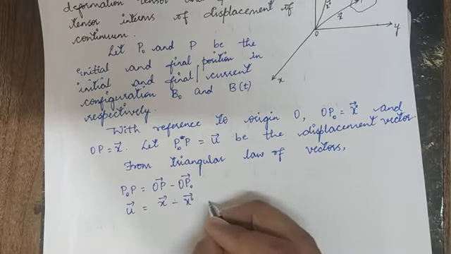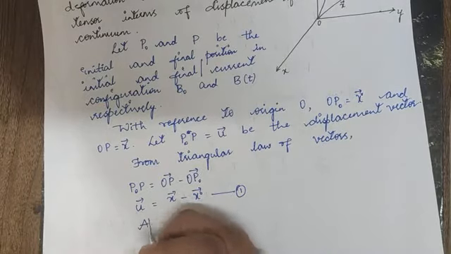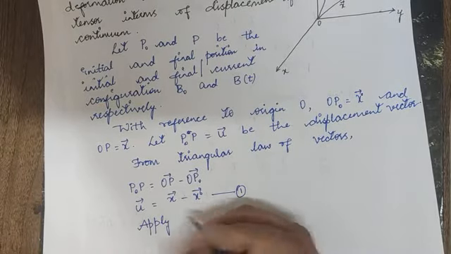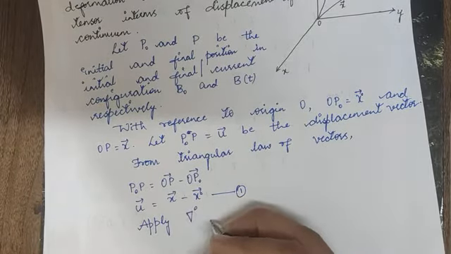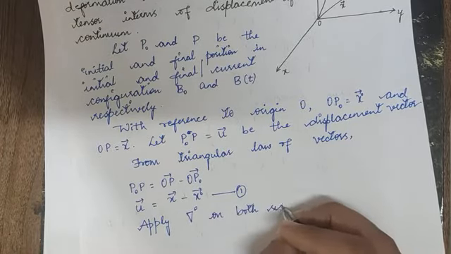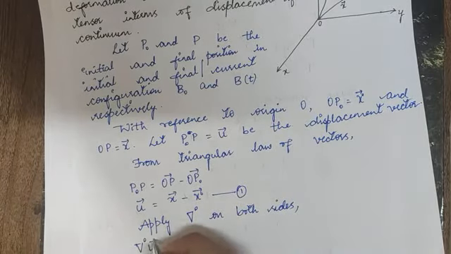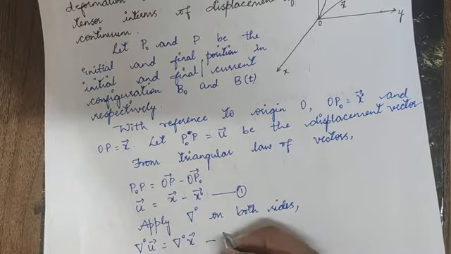I will call this equation number 1. Now apply del naught on both sides. What you will get? Del naught u is equal to del naught x minus del naught x naught.